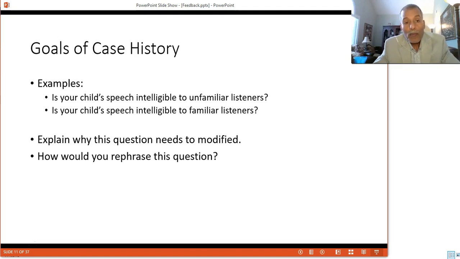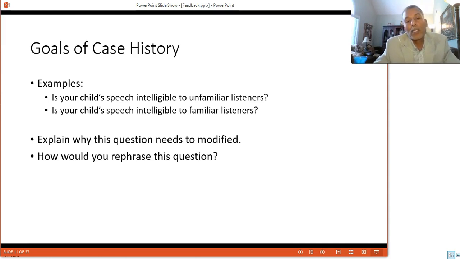For example, when your child speaks with you and with family members, do you have difficulty understanding him or her? When the child speaks with strangers, do they have difficulty understanding? Instead of using terms like intelligible, unintelligible or unfamiliar, make it clear.